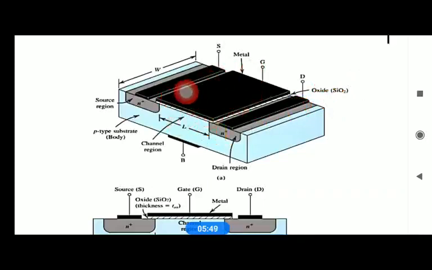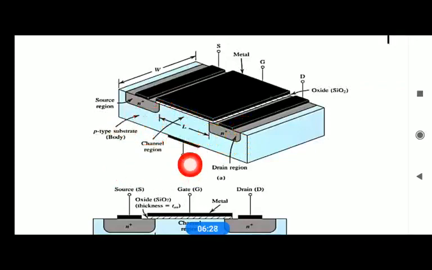Above the silicon dioxide we put a metal, and to this we connect a terminal called the gate terminal. Upon the N plus semiconductor we put a metal, and from that metal we take a terminal as the source. Similarly here we take a terminal as the drain. So this is the source region, this is the drain region, this is the channel region, and this is the substrate.